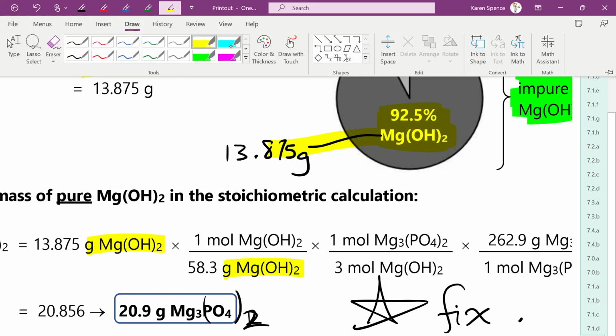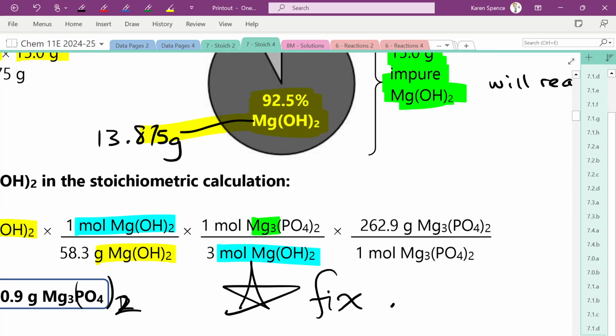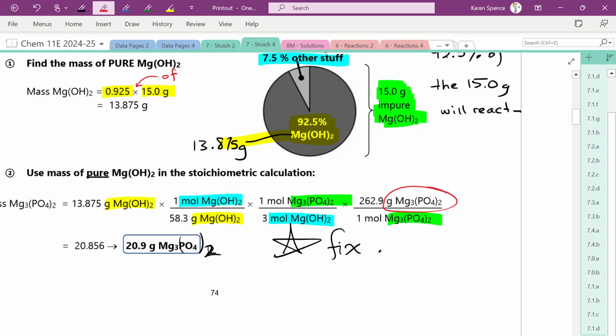So we change that to moles of MgOH2, and then we change that to moles of Mg3PO4, and then we change that to grams of Mg3PO4, and that gives us our final answer, which we then put to correct sig figs. Is that good? Okay. So really with a question like this, there's not actually much that's new.